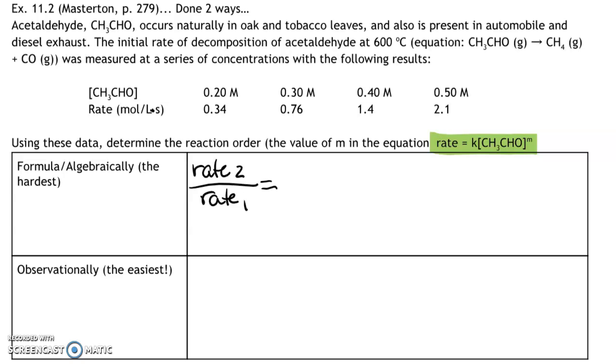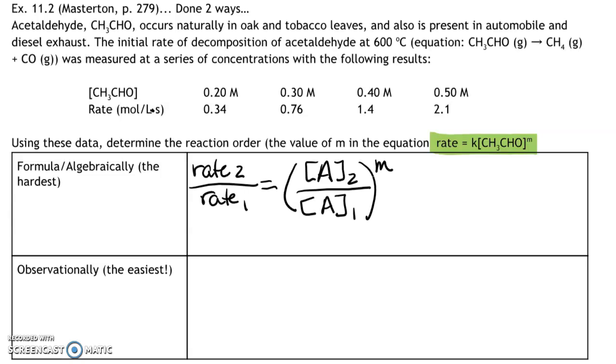So based on what we had, that's going to be our concentration raised to the power of m. Okay, so our second rate is going to be the rate 2, the concentration at time 2, over the concentration at time 1 raised to the m power.